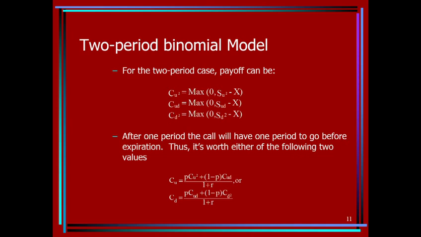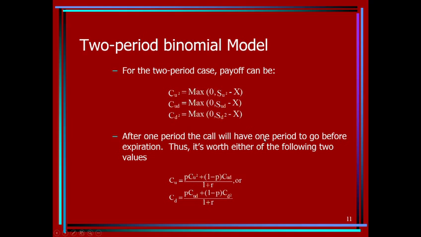So CUU or CU squared is basically the value of the option at the end of the two periods, right? So that's expiration. So you know with certainty it's either in the money or out of the money. So you take the value of the stock two periods out, strike price remains the same, and you calculate the value of your options at the end of period 2.